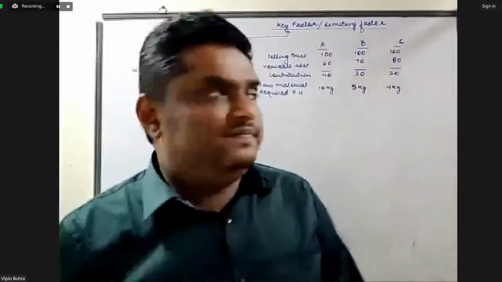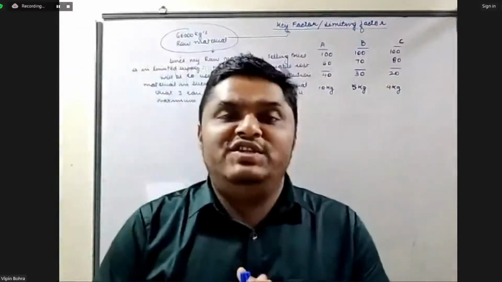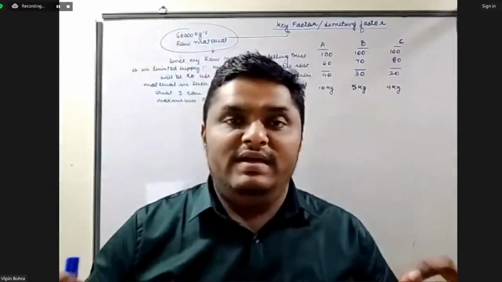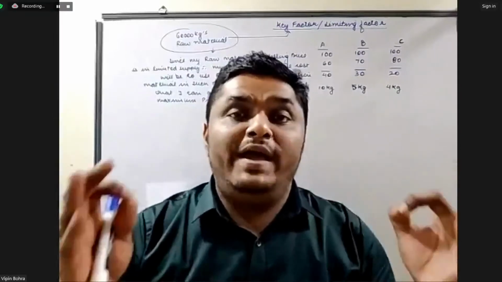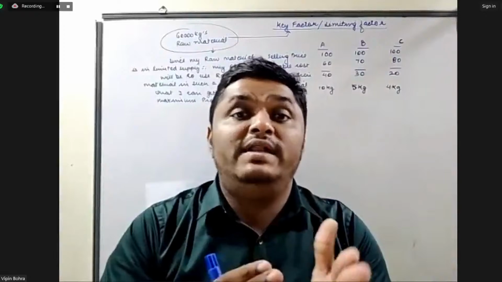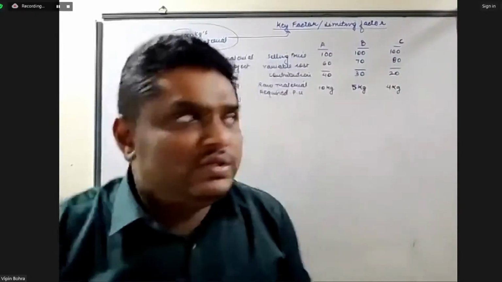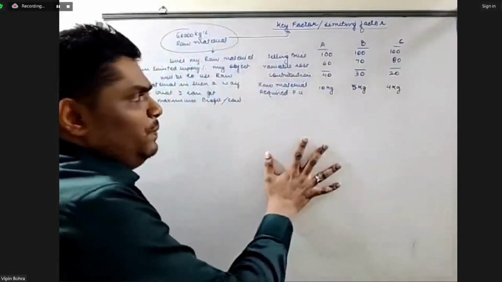So now guys, do pay attention. See, as I told you, my object will be to use each and every kg of raw material in such a way so that I can get the maximum profit. So herein, guys, do pay attention.